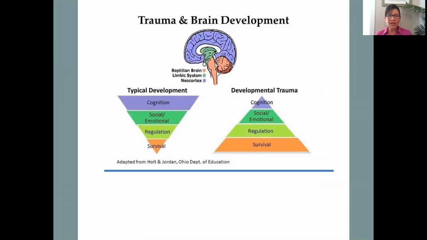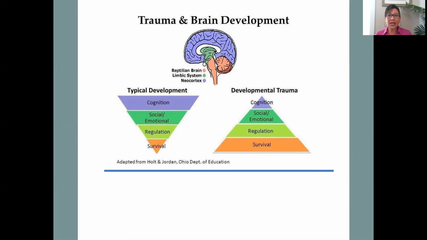When we think about the impact that trauma has on brain development, it's important to recognize that brain development in early childhood lays the foundation for future development because this is where those neural pathways are being formed. In regular, non-trauma-based development, those neural pathways for cognition, adaptive behavior, emotional regulation, problem solving, positive attachment, and relationships are all being formed.